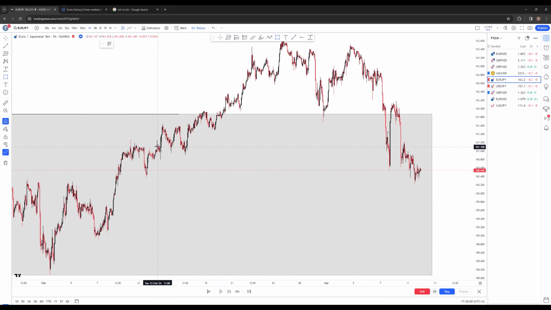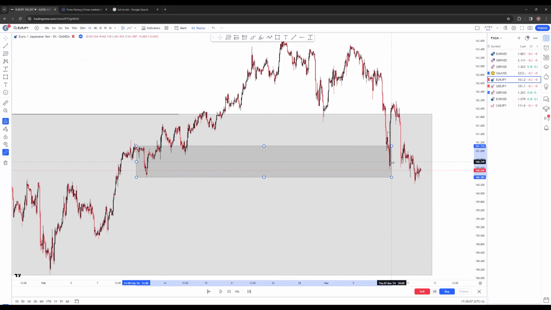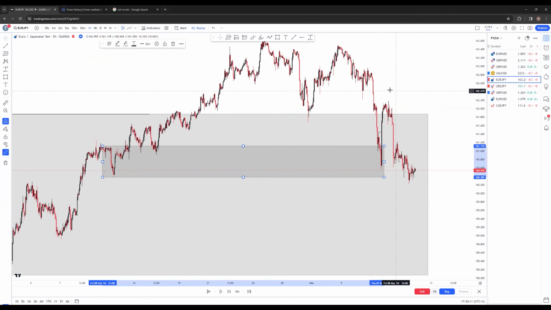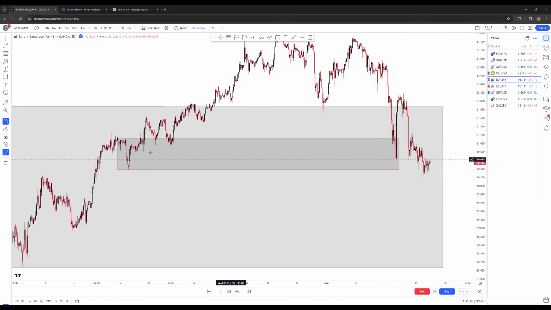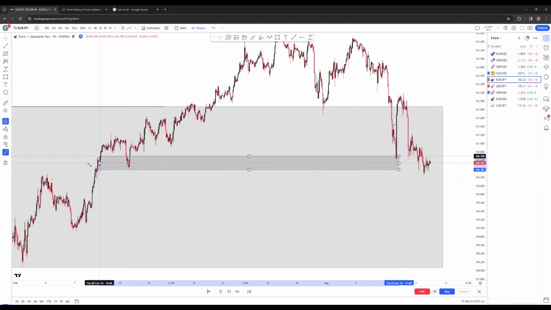So the first time price reacted at this point, I think it was this formation here. It reacted and gave us the change of character, but failed to give us the break of market structure. And then after that, price came to this little point here.